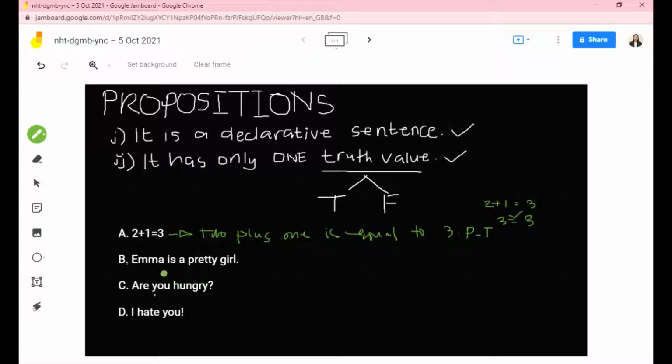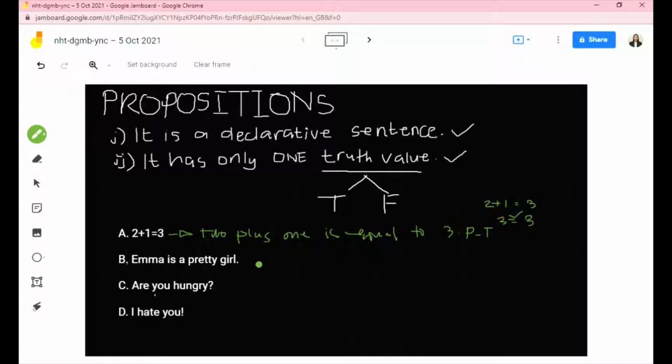Now let's have sentence B. Emma is a pretty girl. Let's see if it satisfies the first condition. Yes, it is a declarative sentence. But what about the second condition? Does it have only one truth value? If you were to ask someone whether they find Emma pretty, some will probably say yes, she is pretty.